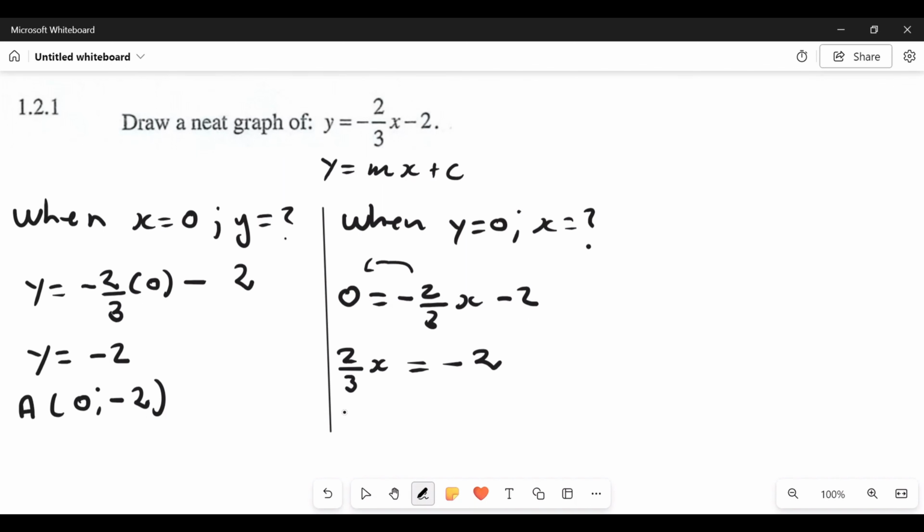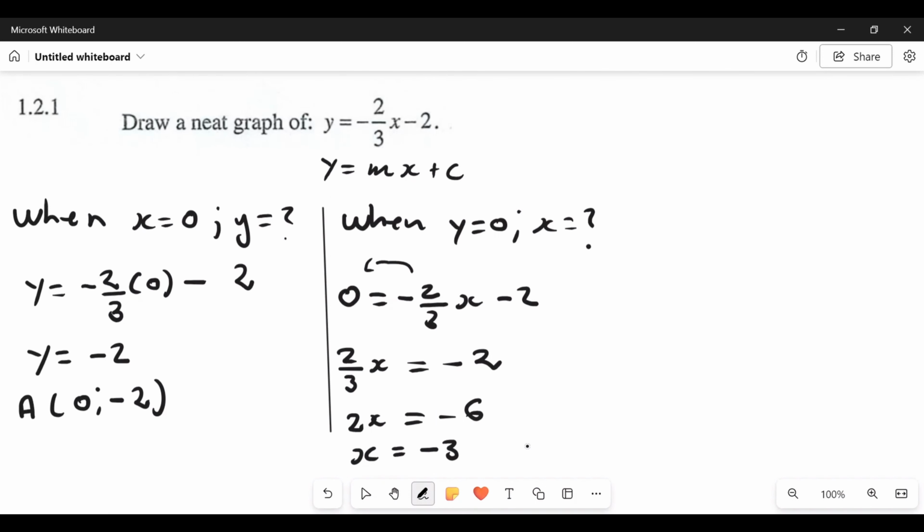And then from here, what do we do? We multiply by 3 throughout to get rid of this 3 here. If you multiply by 3 on both sides, you're going to be left with 2x, and on this side we're going to be left with negative 6. Then we divide by 2 throughout. If you divide by 2, this is going to be x, and that is going to be negative 3.